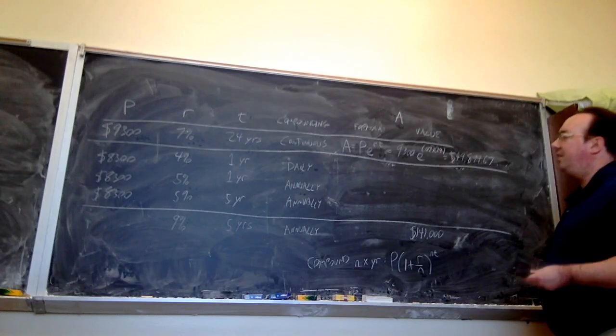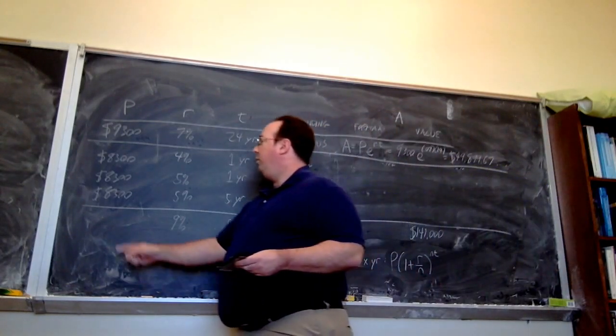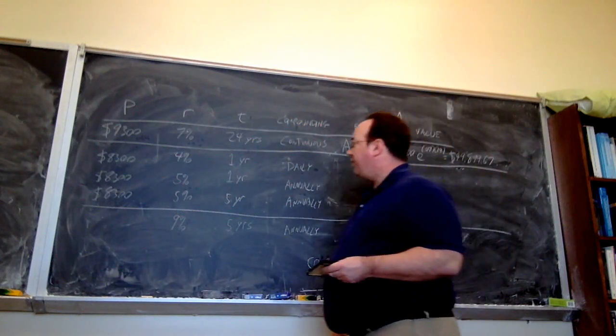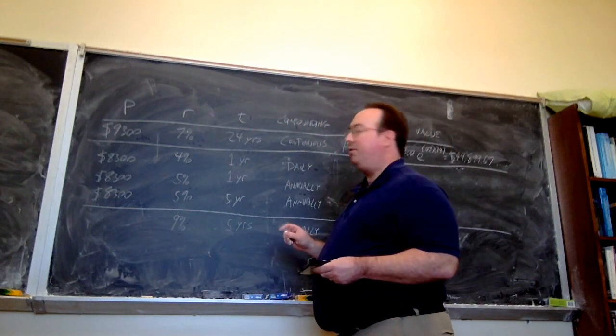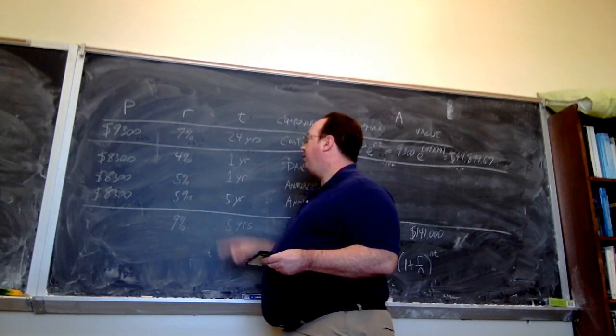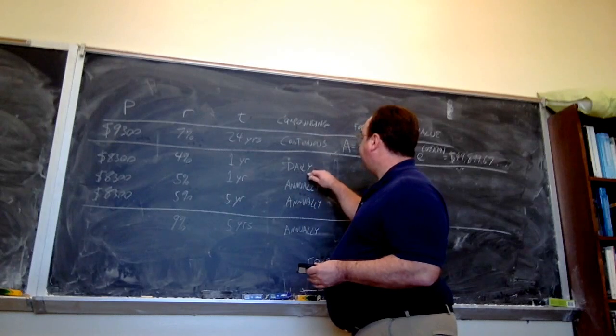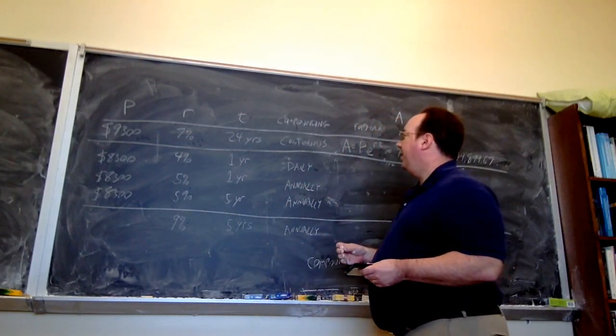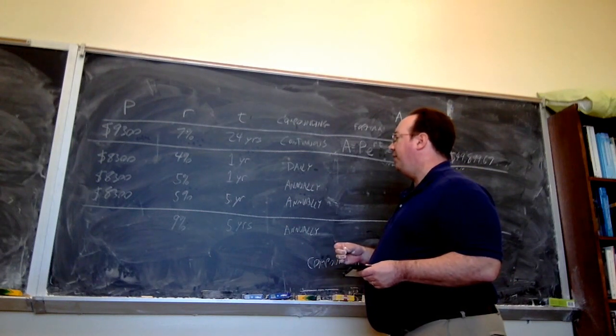Okay, in this next scenario, we are investing $8,300. That's our principal. And we're going to look at two possibilities here. Either a lower interest rate, only 4%, but compounding daily. The more often you compound, the higher your ending balance will be.